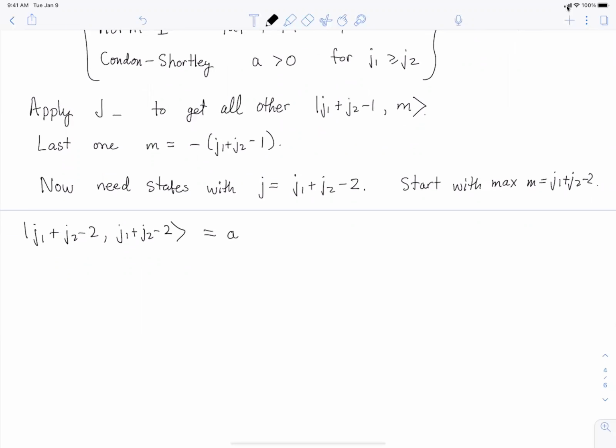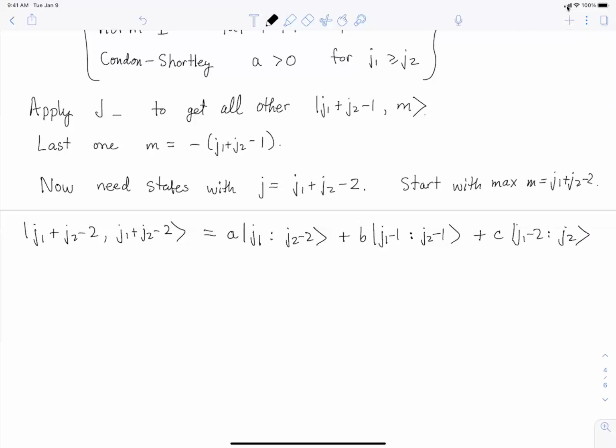So I'm going to write a linear combination of 3 possible states in the product basis, which are J1, J2 minus 2, or I could have J1 minus 1, J2 minus 1, or I could have J1 minus 2, J2.